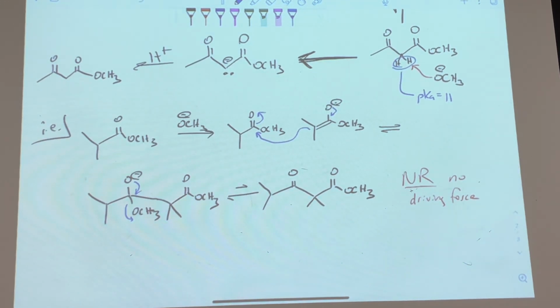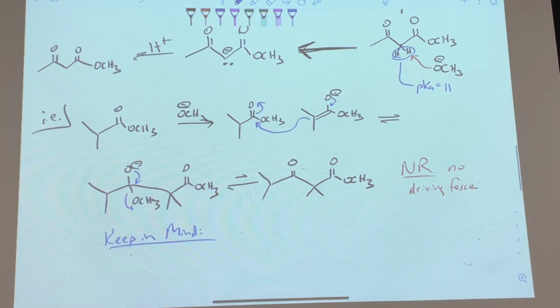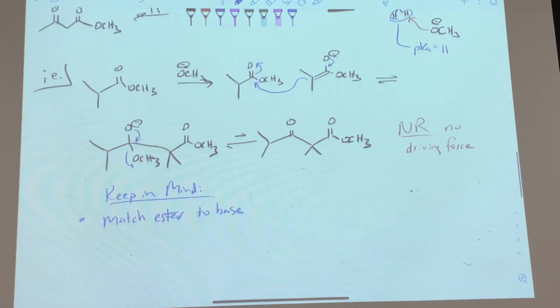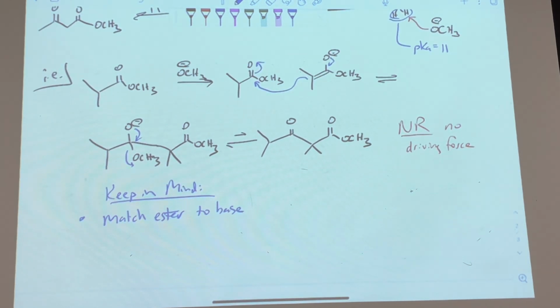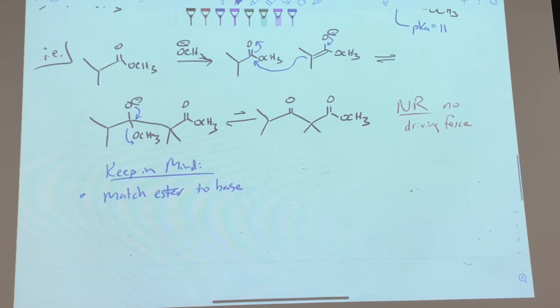So a couple things I want you to keep in mind regarding the Claisen. Number one, as we mentioned, you've got to match the ester to the base. You don't want to use hydroxide because that will hydrolyze. You don't want to use an unmatched ester-base pair because that will lead to transesterification. Secondly, you've got to have at least 2 alpha protons.